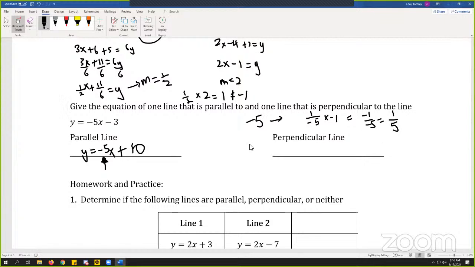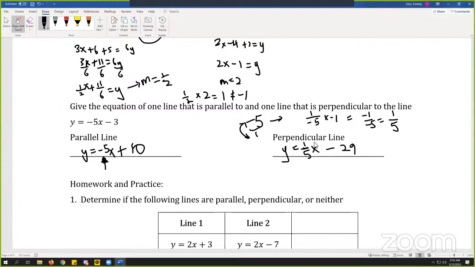Okay? So you flip the fraction, and then you multiply it by -1. And that's going to give you your sign. So you should get a slope here of 1 over 5x, and then the number that comes after can be anything. It could be like -29 or something. Any number for your b value, as long as you have it flipped.